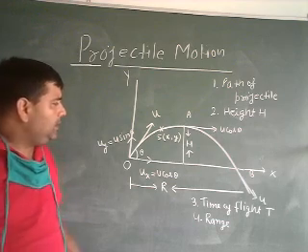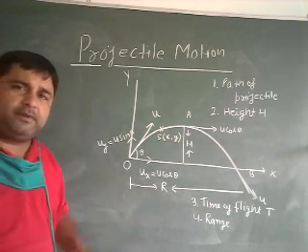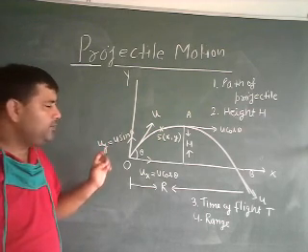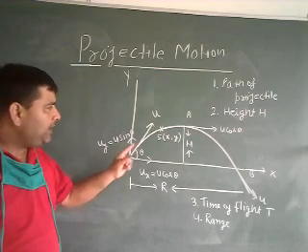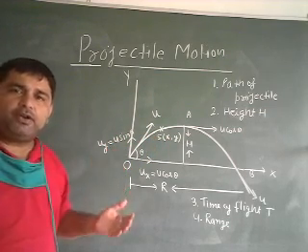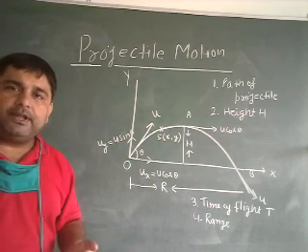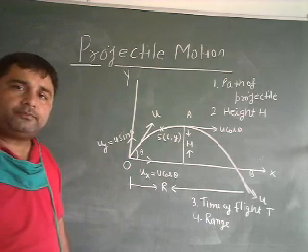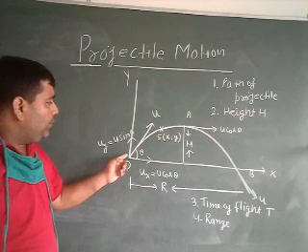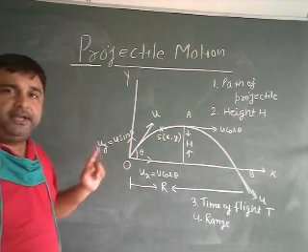Now I will study OY motion separately. Details for OY motion: uy is u sin theta, sy is y, ay is minus g, because the body is going in the upward direction, in the y direction. So ay is minus g and time taken is t.